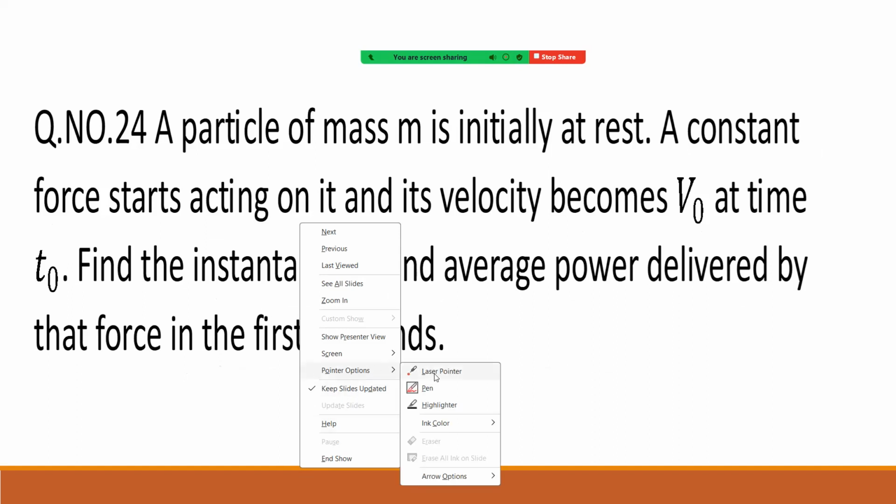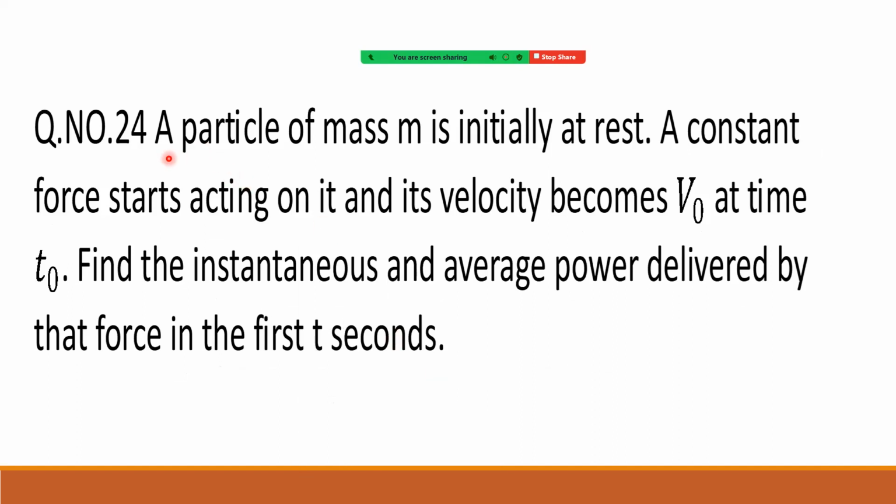See the question given. A particle of mass m is initially at rest. A constant force starts acting on it, and its velocity becomes v naught at time t naught. Find the instantaneous and average power delivered by that force in the first t seconds.